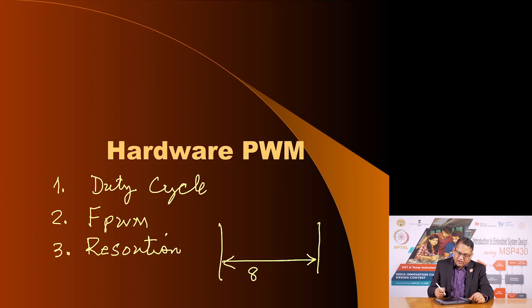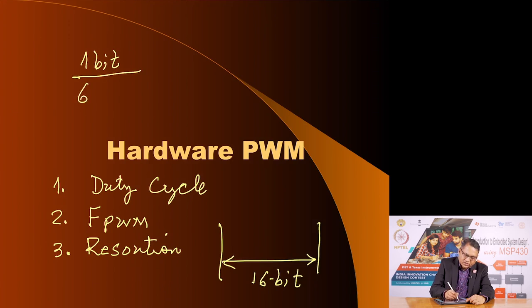On the other hand, if I have a 16-bit timer counter, then I can still vary 1 bit, I can change the duty cycle by 1 bit, but 1 bit out of how many? 1 bit in 65,536. So, MSP430 allows you to go all the way from any arbitrarily small range to a large range of 16 bits.